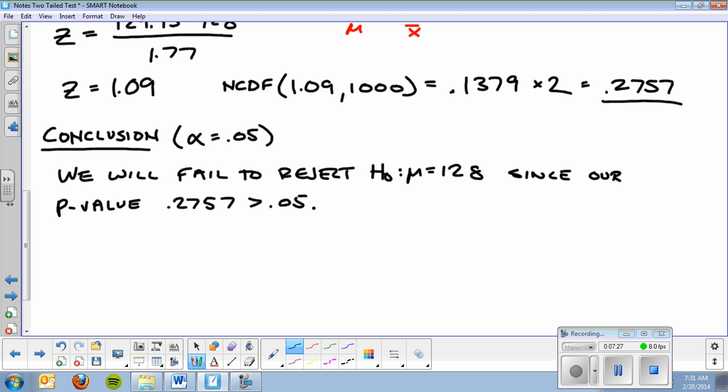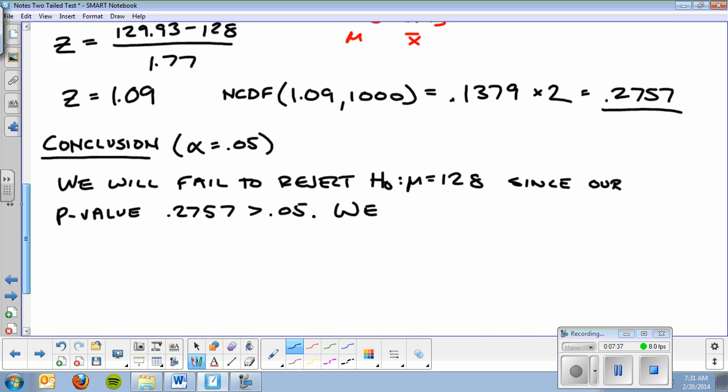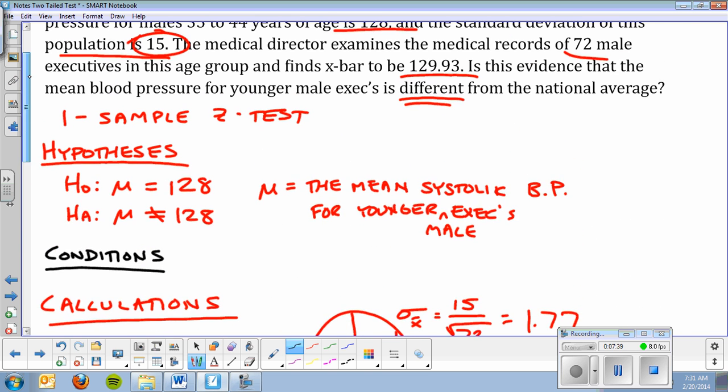And now we write this in context. We've made our decision: we're failing to reject. We've said why, and now we apply the context. I can go up to the problem and usually use the last sentence. Is this evidence that the mean blood pressure for younger male execs is different from the national average?